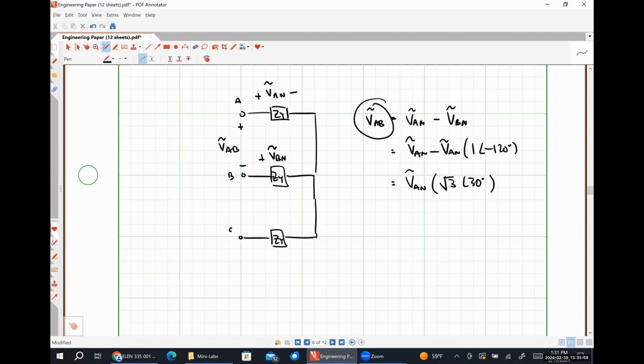Because the delta connected impedance is in parallel, it has the same voltage drop over it. And then I can use Ohm's law to find the current that I was looking for.